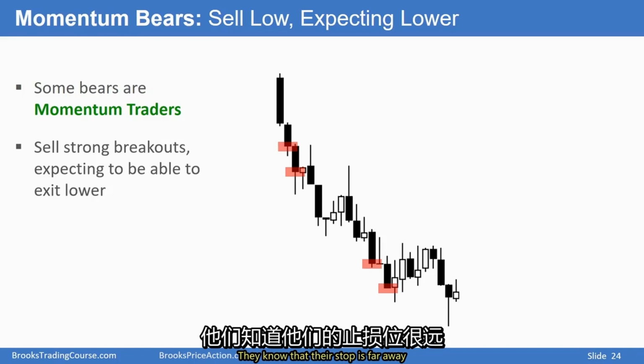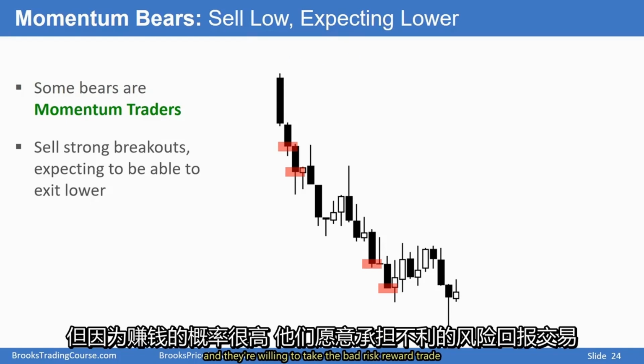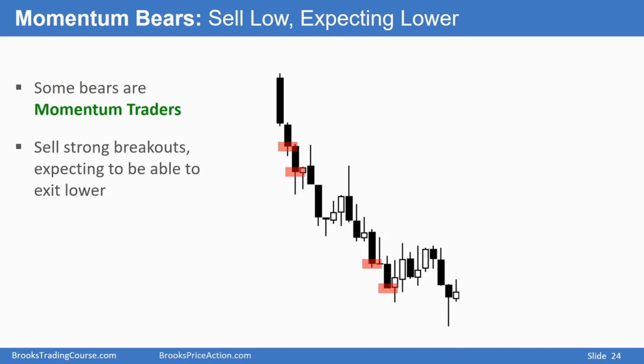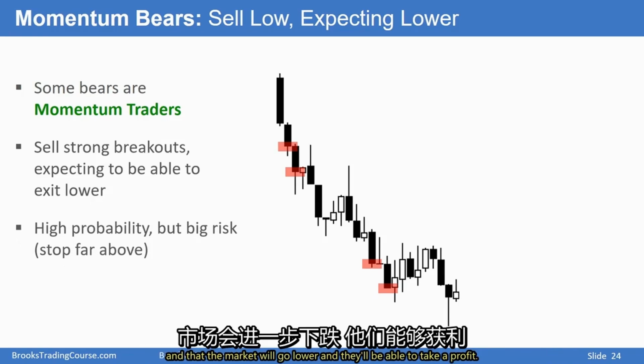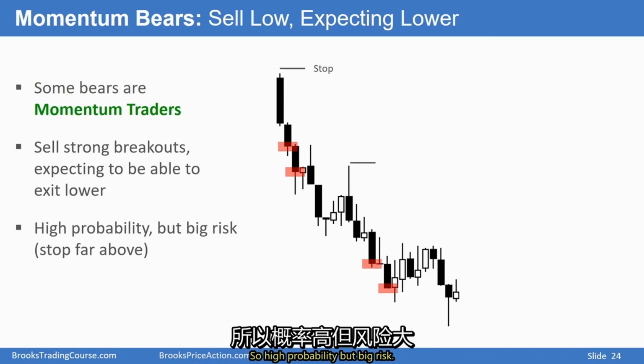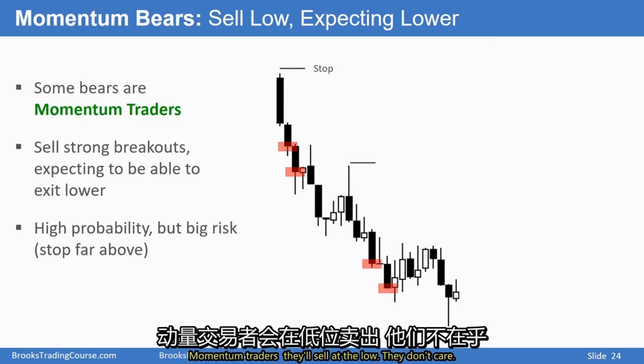They know that their stop is far away, and they're willing to take the bad risk-reward trade because of the high probability of making money. So they're willing to sell at the low, expecting that any pullback will be brief and that the market will go lower and they'll be able to take a profit. So high probability, but big risk. Momentum traders, they'll sell at the low.